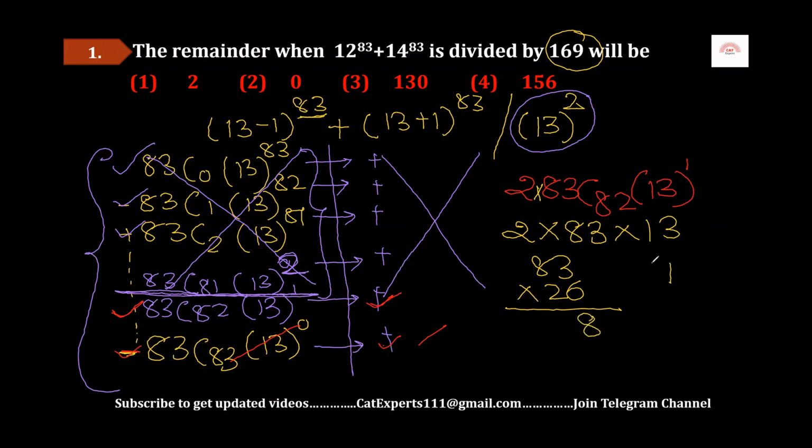Carry over is 1. 8 sixes are 48, 48 and 6, 54 plus 1, 55. Carry over is 5. 8 twos are 16. 16 and 5, 21. This is 2158. Now this number should be divided by 169 to get the final remainder. And this is a quite easy division. By dividing 2158 by 169, you will get the final remainder as 130.